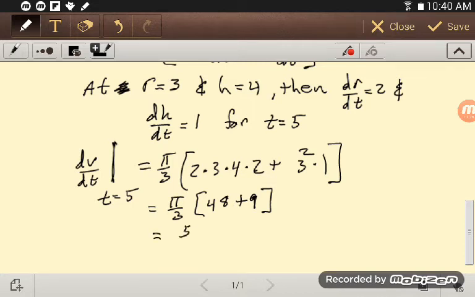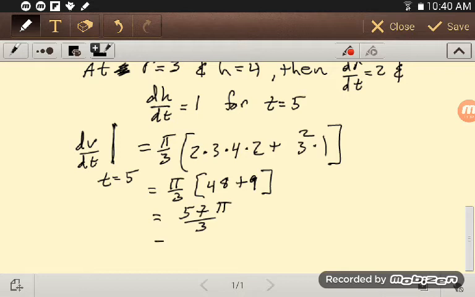Yeah, so 57 pi over 3, but 57 divided by 3 is 19 pi. So we get the rate of change of the volume as 19 pi cubic units per time unit, whatever our cubic units were in our time unit.